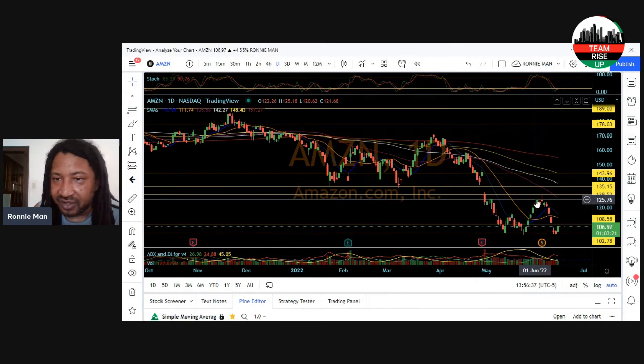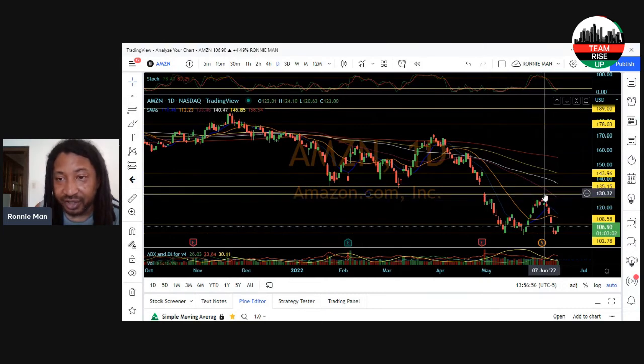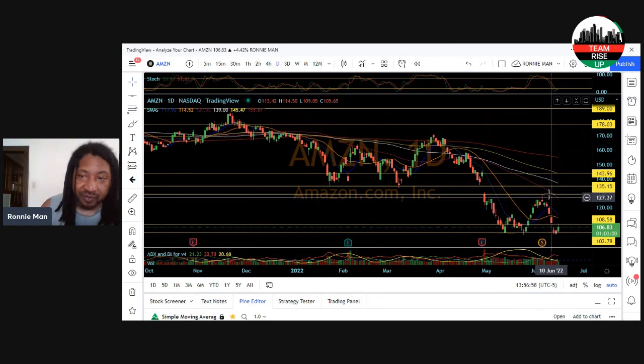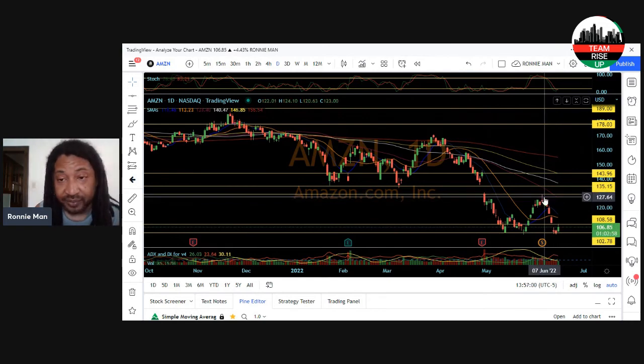When it gets up here to the top of this zone, look what happened. It opened, it surged, and then it fell off a cliff. Fell off a cliff. This is surely a bearish reversal candle. Okay.